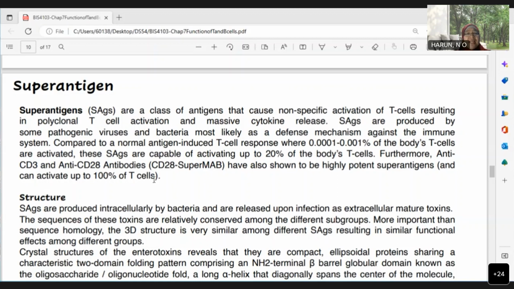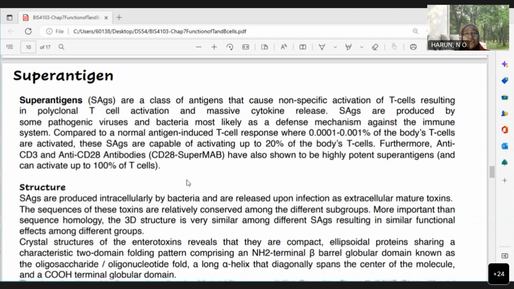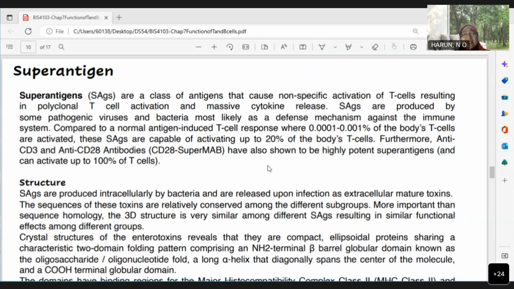For example, anti-CD3 and anti-CD28 antibodies have also been shown to be highly potent super antigens and can activate up to 100% of T cells. So that's why we have to make sure that how we practice our lifestyle is also important, in order to gain or retain a healthy life and a healthy immune system. Right.